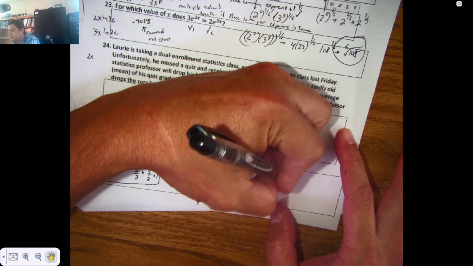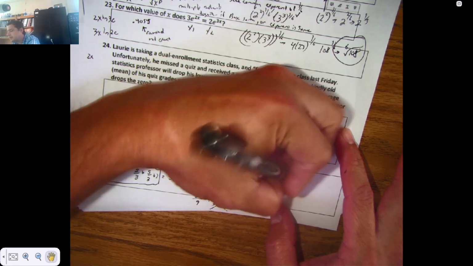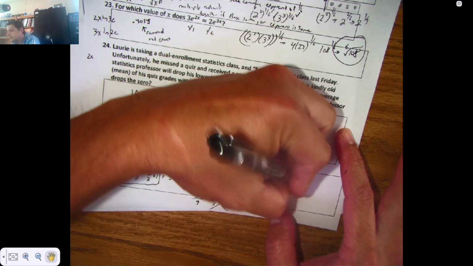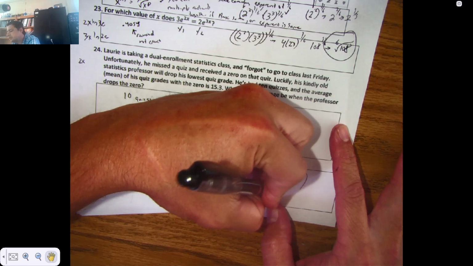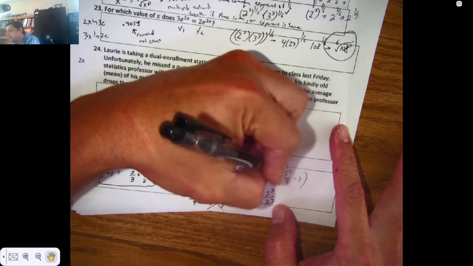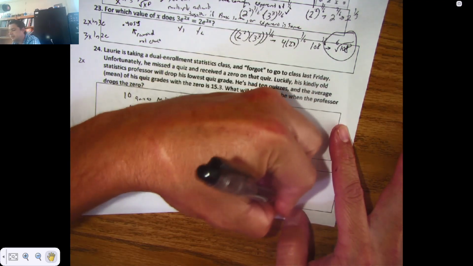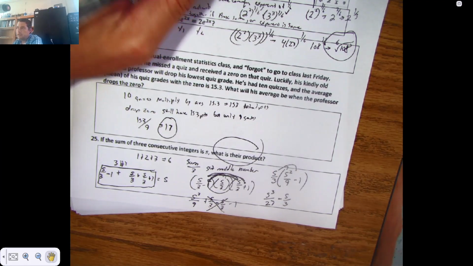So I've got this guy right here, which is s over 3, and I have to multiply it by s squared over 9 minus 1. That's just the distributive property. That's going to yield s cubed over 27 minus s over 3. And now what you'd have to do is combine the fractions.